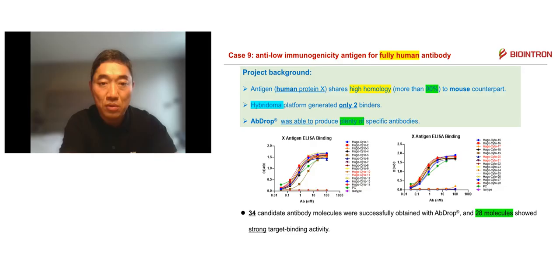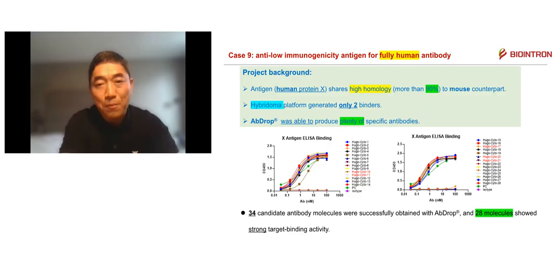This protein shares a high sequence similarity with mouse. It reached about 90%. To be honest, in many of our finished projects, some human protein targets share even higher, like 95, 96%. But still, back to this case study.